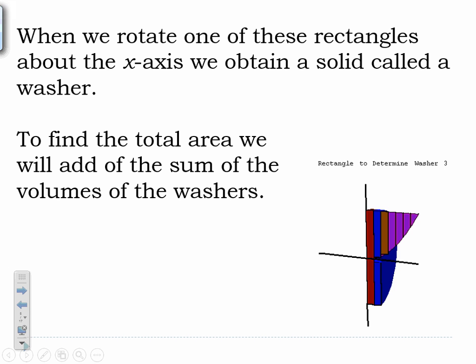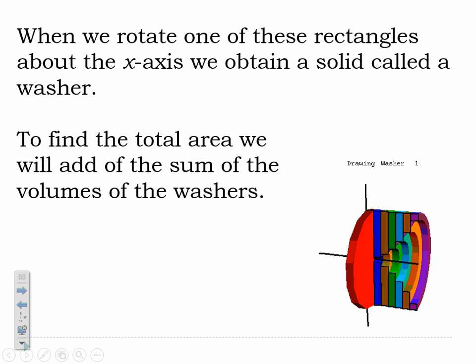So here's my region broken up into all these rectangles. As we rotate these around, we are getting either discs or washers. Discs if there's no hole in the middle, washers if there is. And we'll talk about when we're going to have a hole and when we're not.